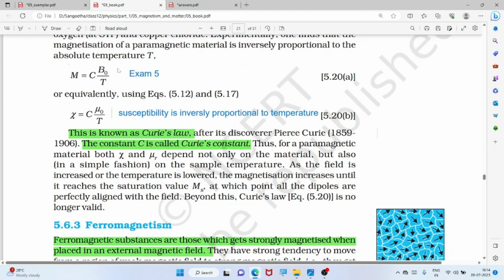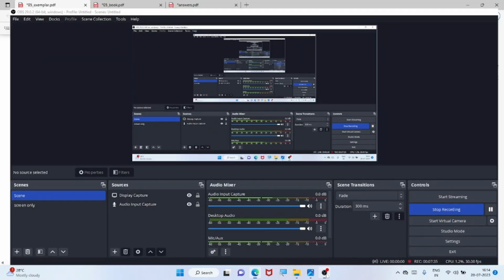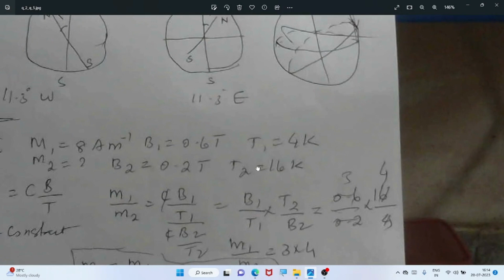We are going to use this formula: magnetization M equals C times B over T, where C is a constant.